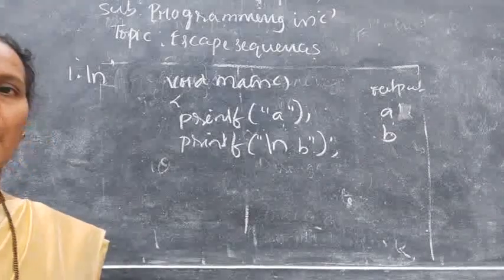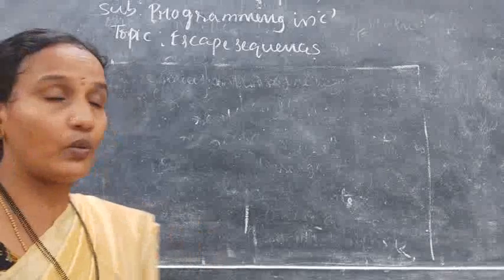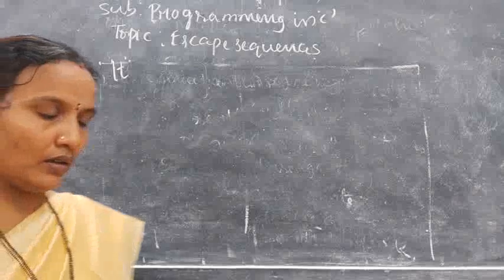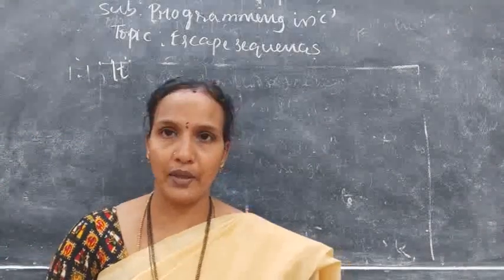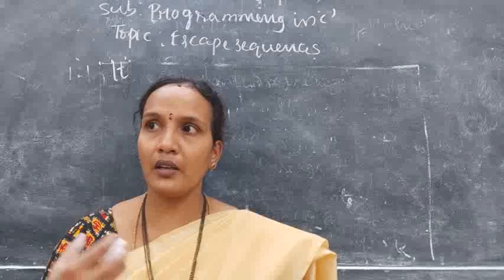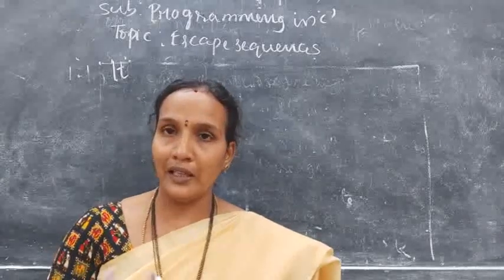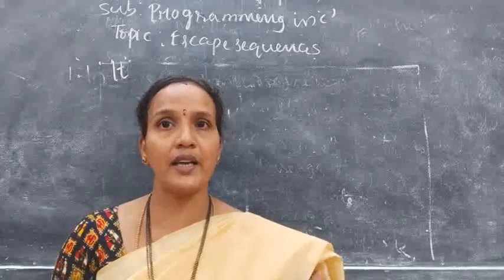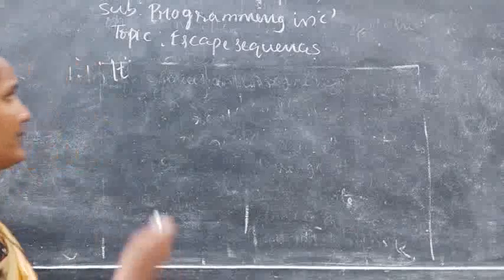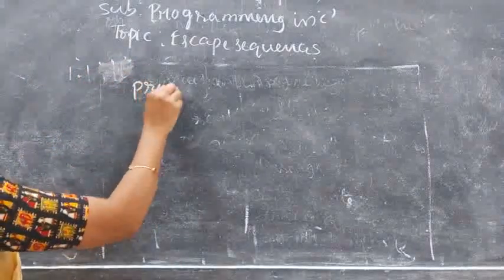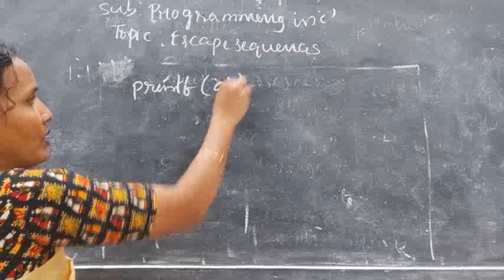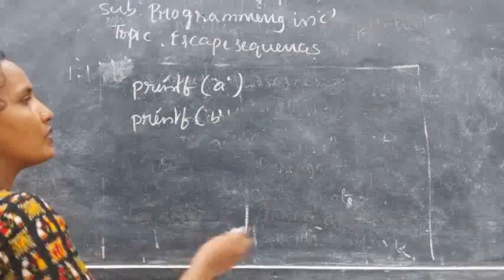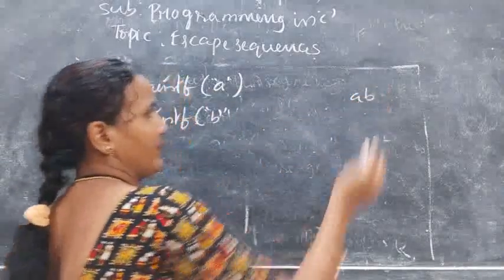Now we'll discuss the next escape sequence character, that is backslash T. Here T stands for the tab. Whatever character or string follows this is printed after 8 character spaces. Okay, so same example we'll take. Printf A, I have given. Next printf B. So as usual, A, B you will get like this.